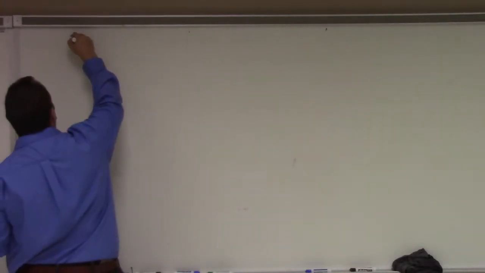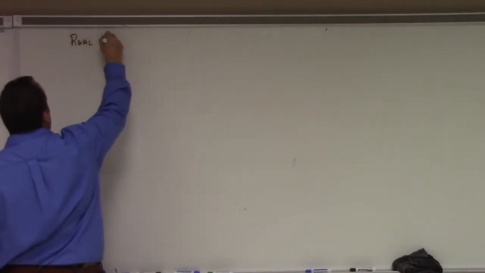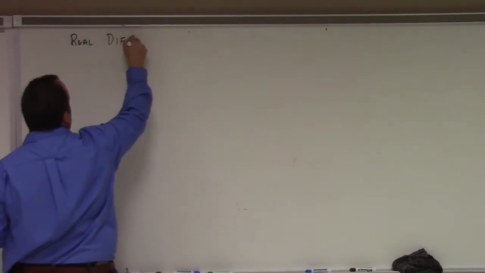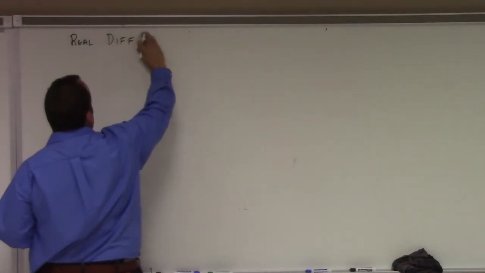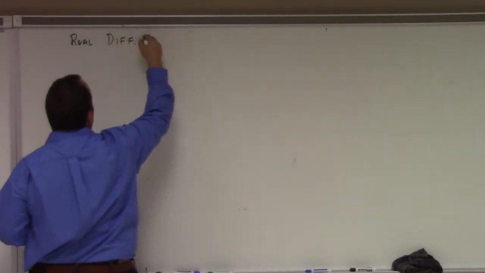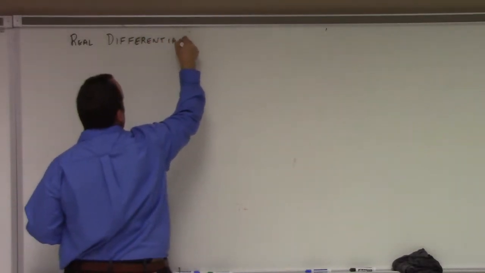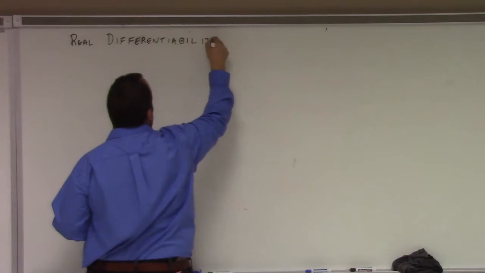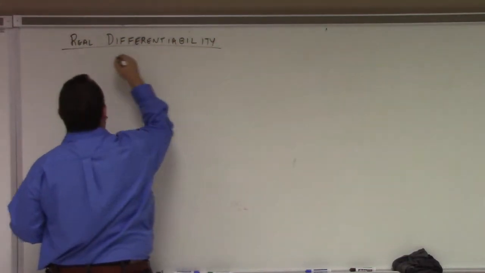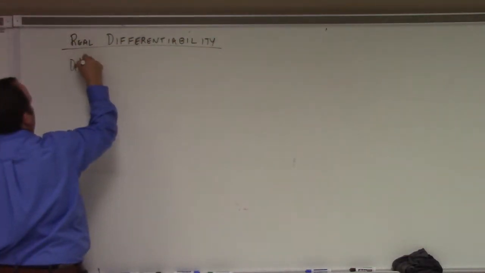So here's the definition. What I'm going to talk about here for the next half hour or so of class, and don't worry, not just today, is real differentiability. So here it is, definition.